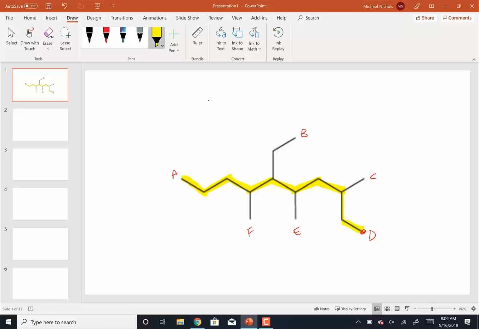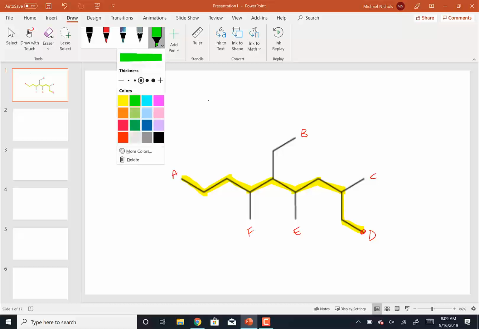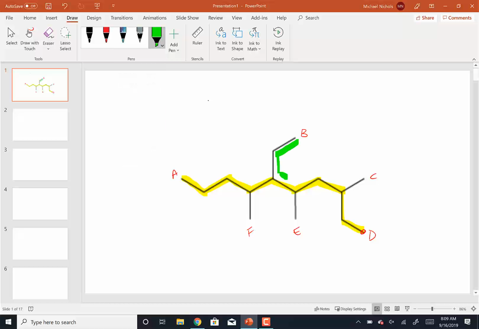But I am going to try some of the other combinations to be on the safe side. 1, 2, 3, 4, 5, 6, 7, 8. No, I already know I've got a 9 if I go from A to C. So the longest continuous carbon chain is the 10 carbon chain going from A to D.